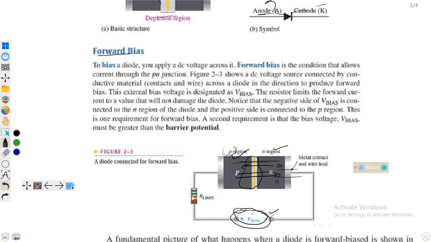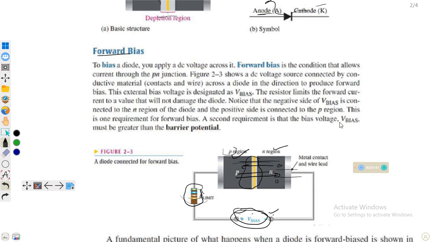We have also connected a resistor that limits the forward current to a value that will not damage the diode. It will limit the current to a certain value which the diode can sustain. The first requirement for conduction of current is that the p type should be connected with the positive terminal and the n type with the negative terminal.